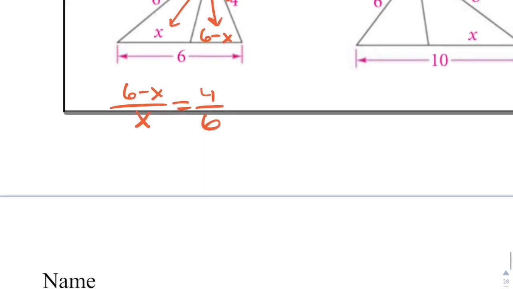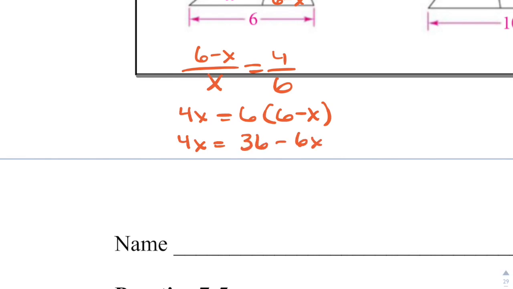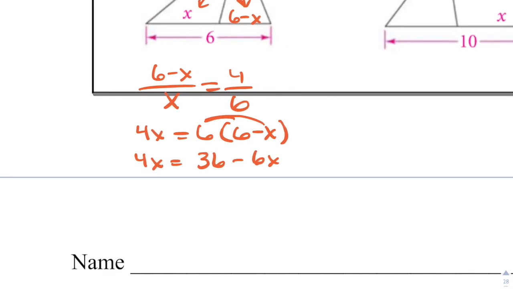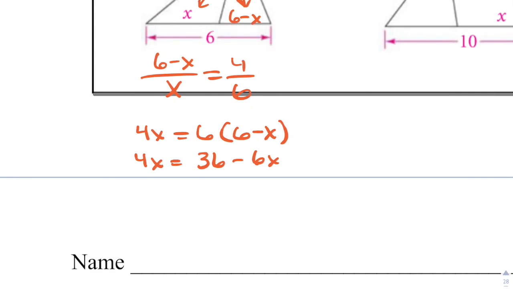So I get 4x equals 36 minus 6x after I distribute to both terms. Got a mess here because we're running out of room. It's going to fall off the page.